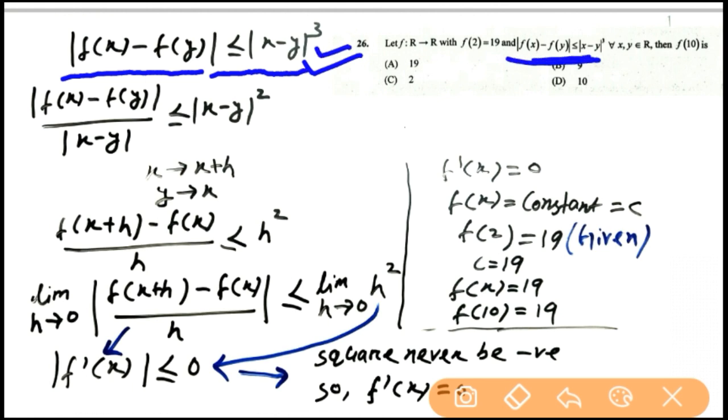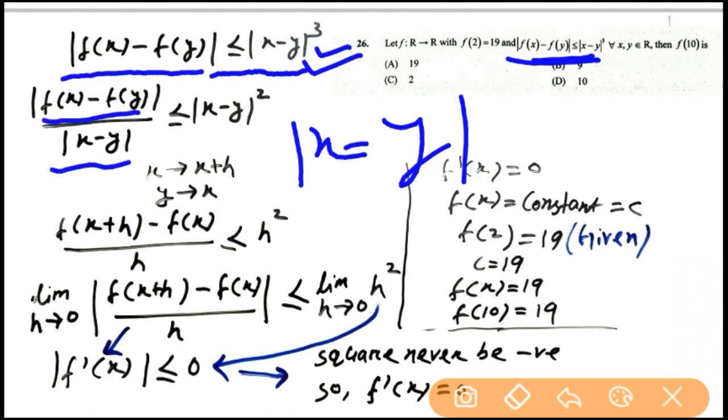This is the given. Now we will divide both sides by modulus of x minus y. We will get modulus of f of x minus f of y divided by modulus of x minus y, which is less than or equal to modulus of x minus y cube divided by modulus of x minus y. So it is modulus of x minus y whole square.